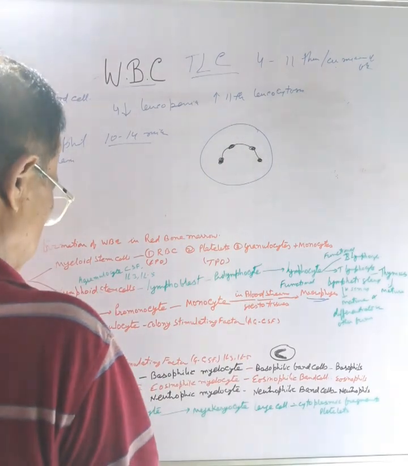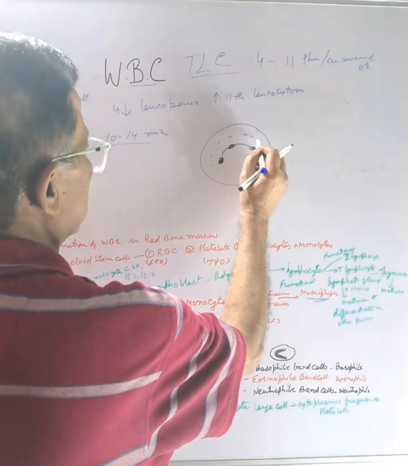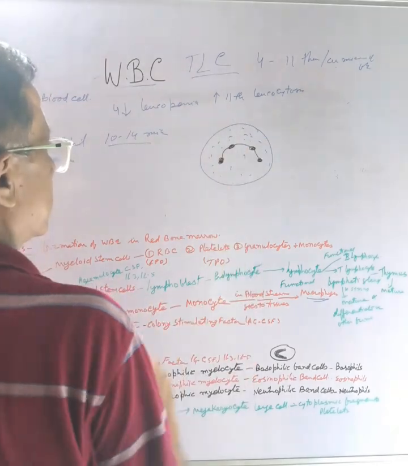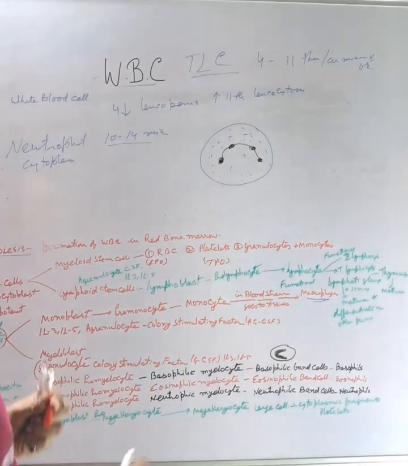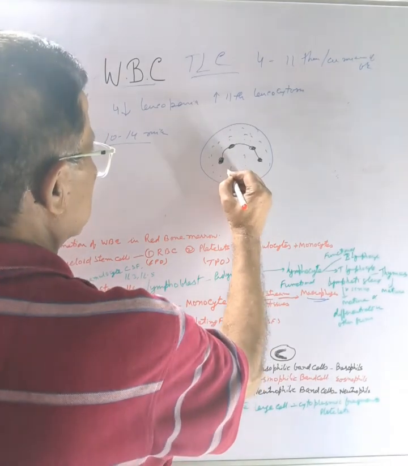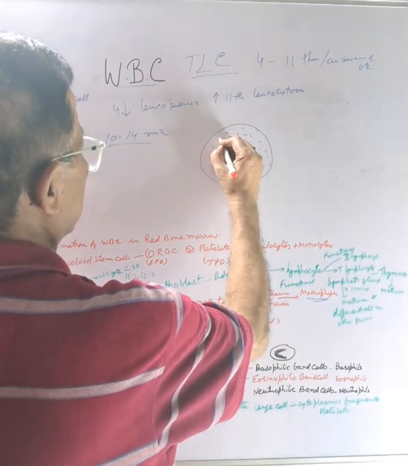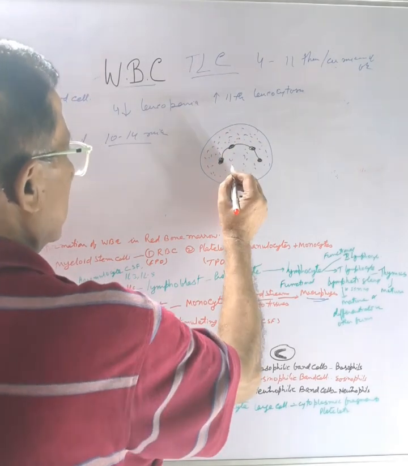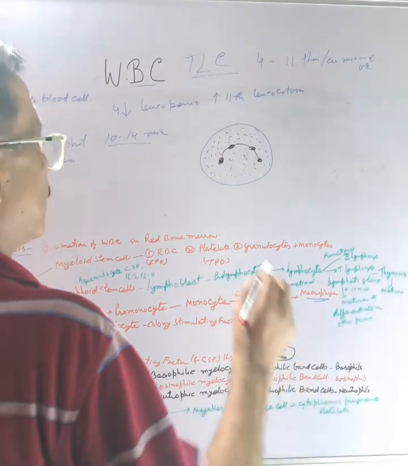2 to 4 lobes are present, and here in the cytoplasm fine granules are present. Both types of granules are present: eosinophilic granules, that is red granules, as well as blue granules, that is basophilic granules. Therefore it is known as neutrophil, and its another name is polymorphonuclear cells.